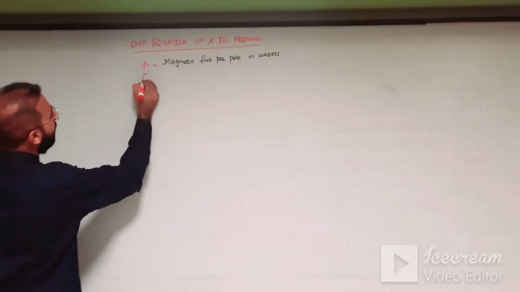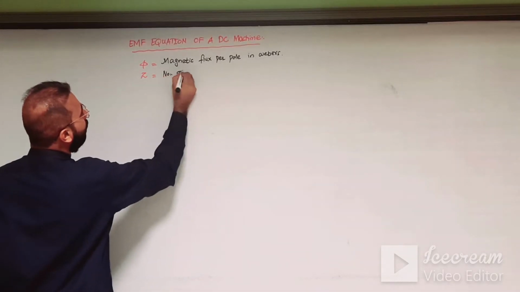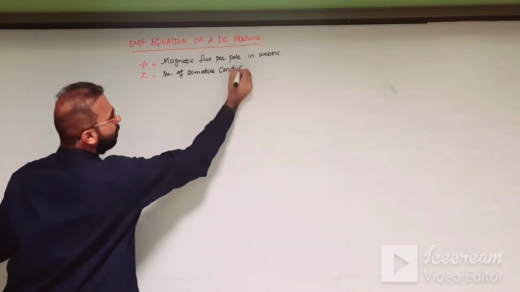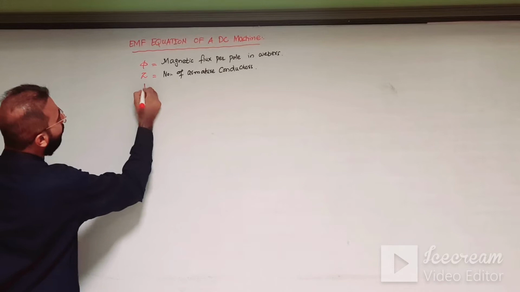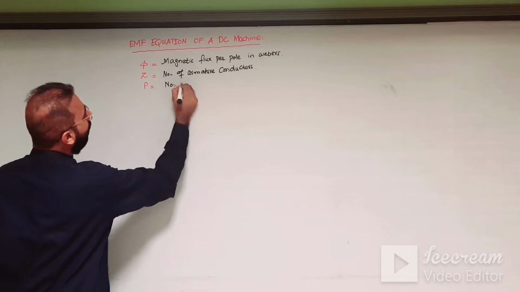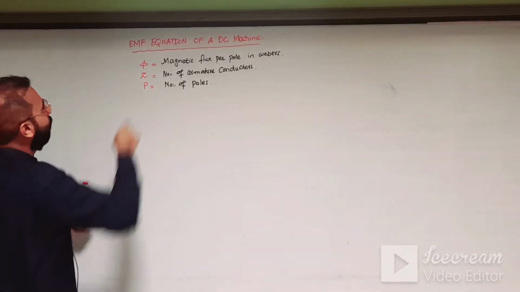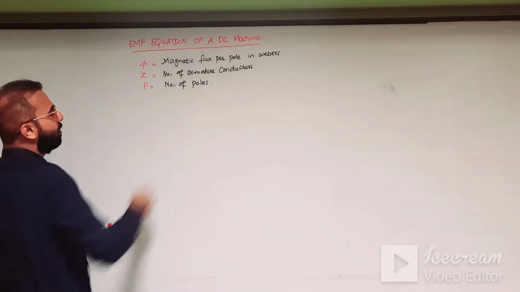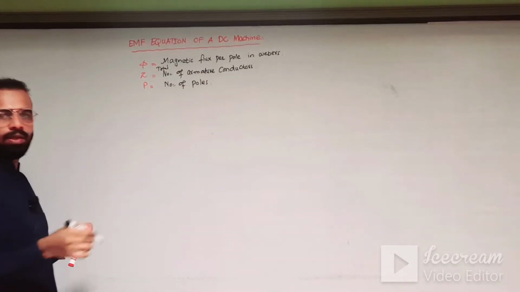Second, Z is the number of armature conductors, that is, the total number of the armature conductors.